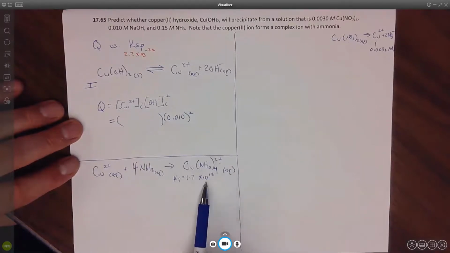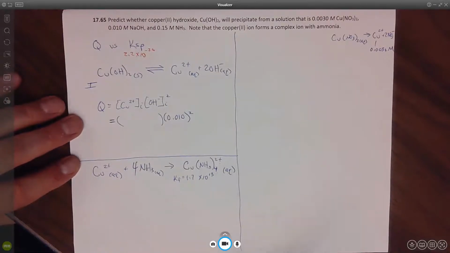It's going to be 1 divided by 10 to the 13, or approximately 10 to the negative 13. Will I be able to ignore any plus or minus x terms if this is 10 to the negative 13? The answer is yes. Anything smaller than approximately 10 to the minus 3, 10 to the minus 4, obviously depends on the initial concentration, but generally anything with an equilibrium constant of 10 to the negative 3 to 10 to the negative 4, and anything less than that for sure, I'm able to ignore the plus and minus x terms with a very small amount of error.